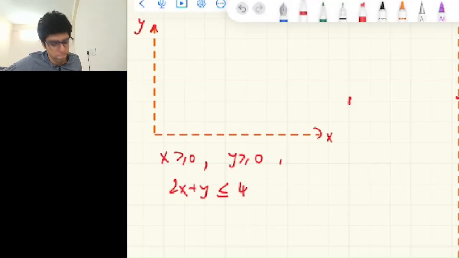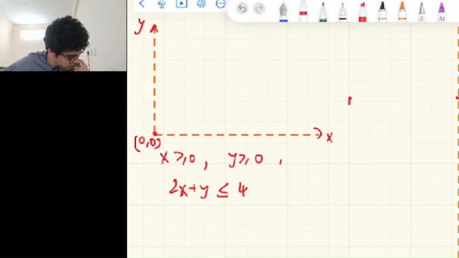For 2x plus y less than equal to 4, let me draw a line for this. This point is 0 comma 0.